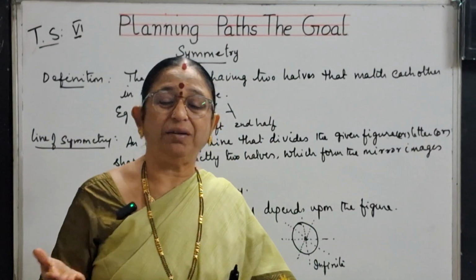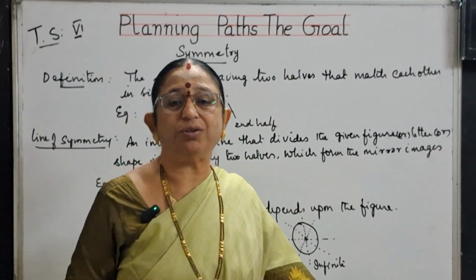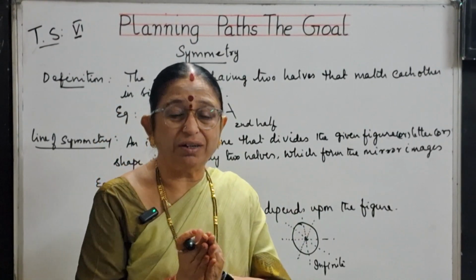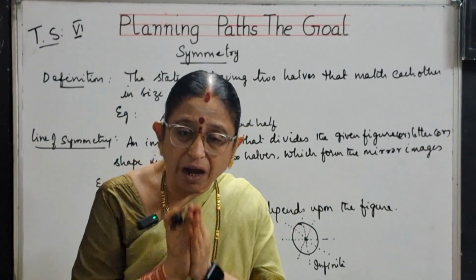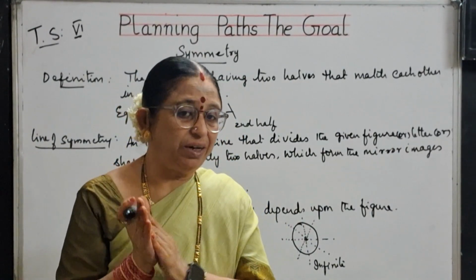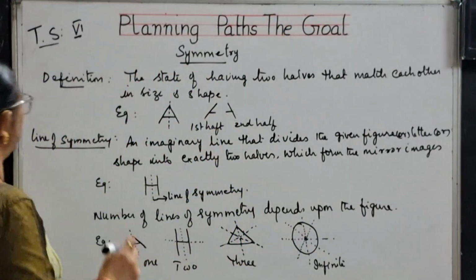Only that you should understand, right and left. If any figure can be divided into two exactly half portions, each one becoming the mirror image of the other, then we call those figures as the symmetric figures. That is the definition.